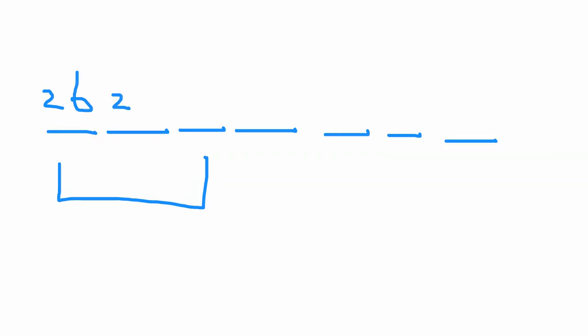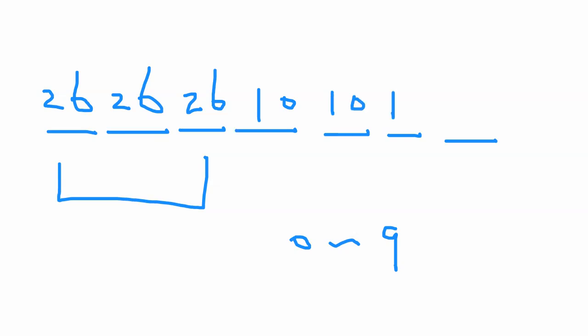Second one we also have 26 choices, because the question didn't say cannot repeat, so we assume it can be repeated. And the third one, we still have 26 choices. We can choose any letters out of 26. Then these 4 spots have to be numbers. Numbers from 0 up to 9, we have 10 digits, right? So that means I have 10 choices. It can repeat: 10 choices, 10 choices, 10 choices.